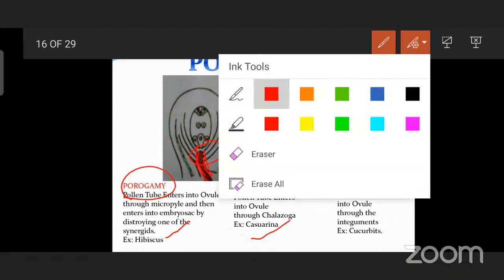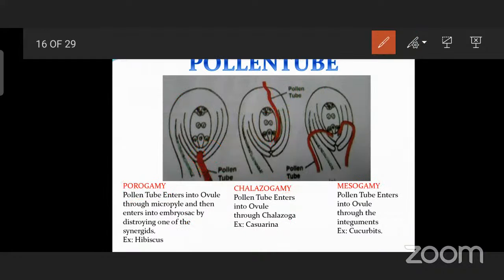See here, these are pollen tubes. These pollen tubes enter the ovule through the integuments. These integuments protect the nucellus and embryo sac. So the pollen tube enters the ovule through the integuments. This pollen tube entry is known as mesogamy. Example, cucurbits. There are a total of three types of pollen tube entry.